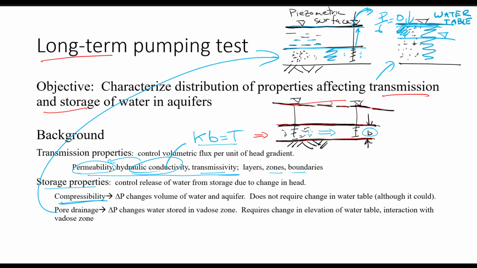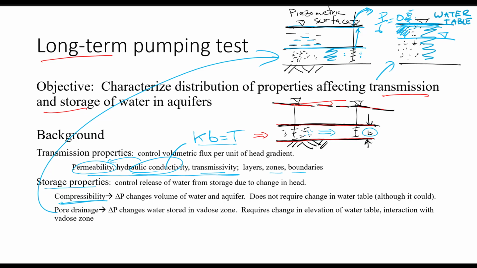We also have to keep in mind that there's water in the vadose zone above the water table up here, and when we drop the water table, some of this water may also drain out. There's a capillary fringe here, and the capillary fringe will drop down. So we may also release water from storage up in the vadose zone.